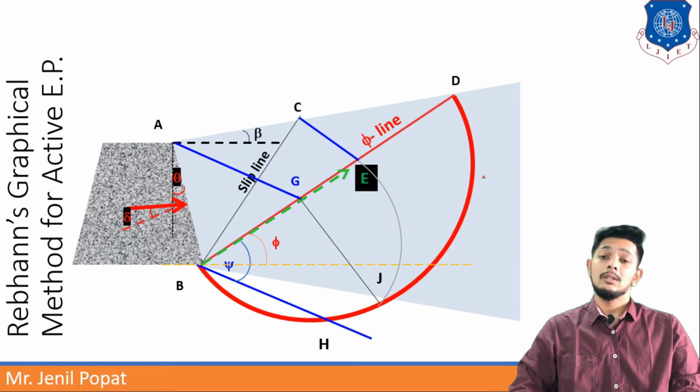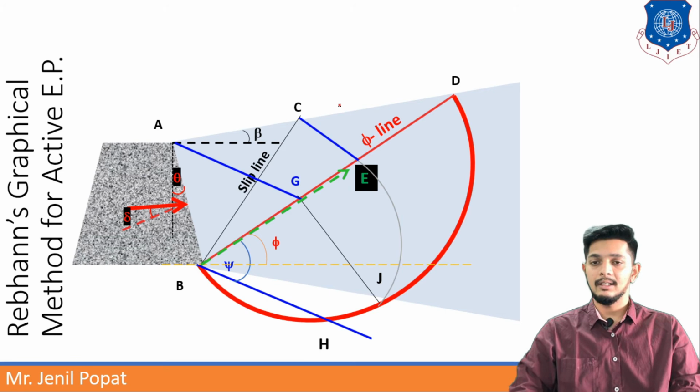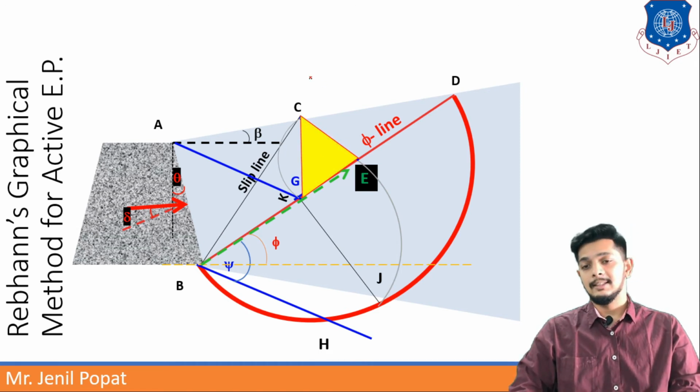Now this BC line is showing the slip line, but if we take E as a center and EC as a radius, we can draw an arc on the phi line, noting the point K and having a triangle KEC.